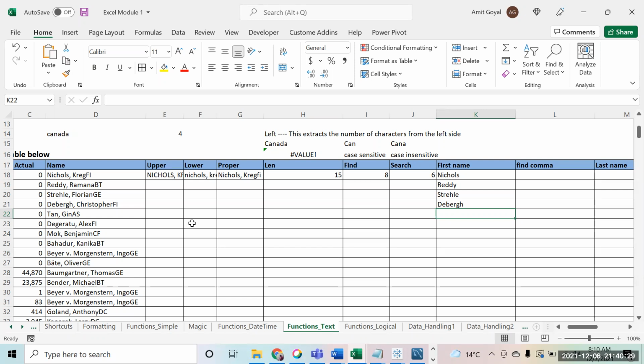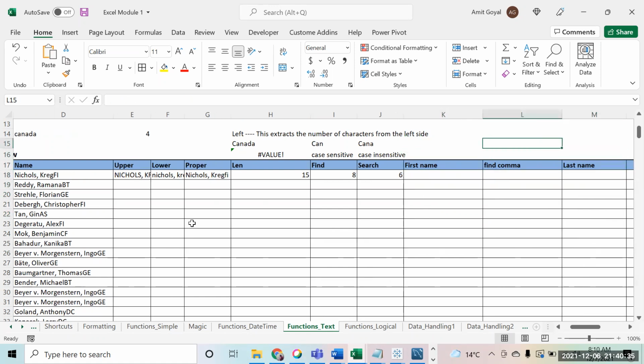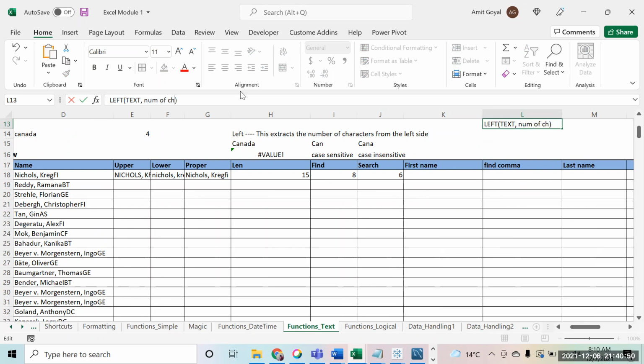Can you tell once again? Left formula takes 2 inputs. It first takes the text, and then it asks for the number of characters that you want to extract, that is, how many characters from the left hand side do you want to extract in a name?